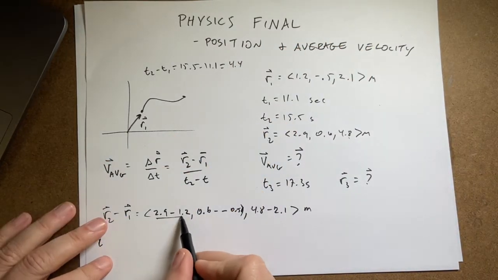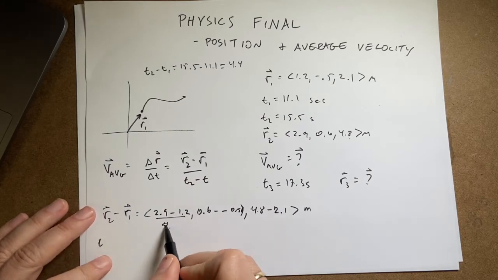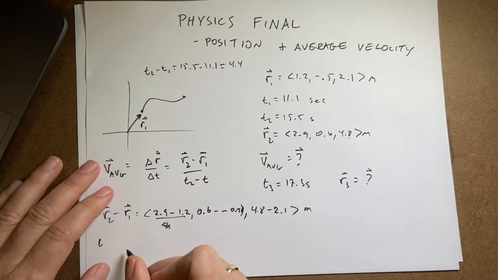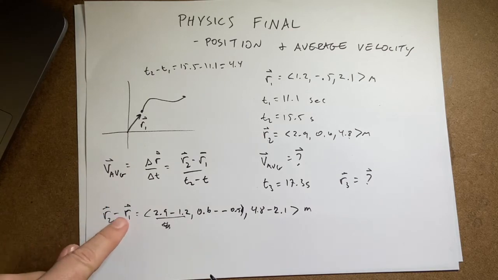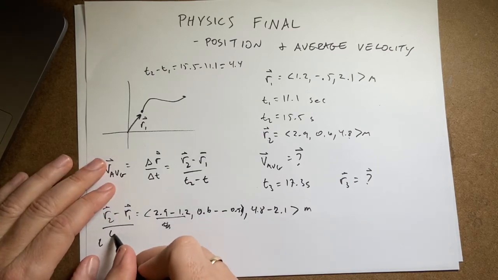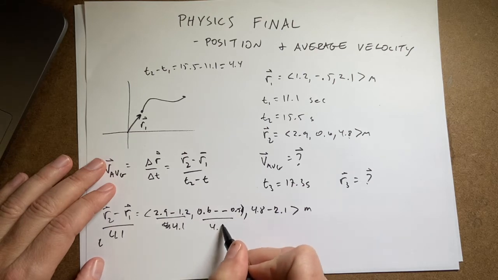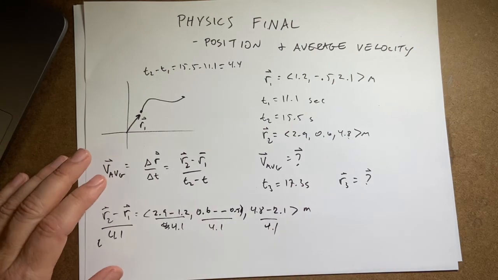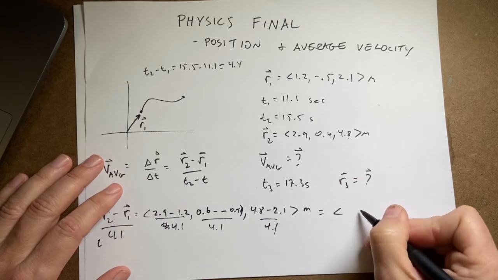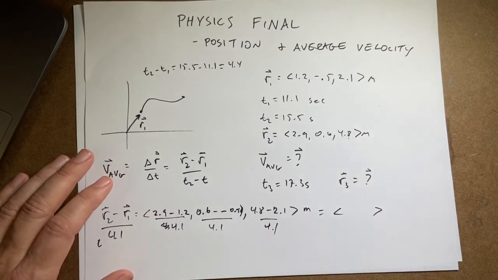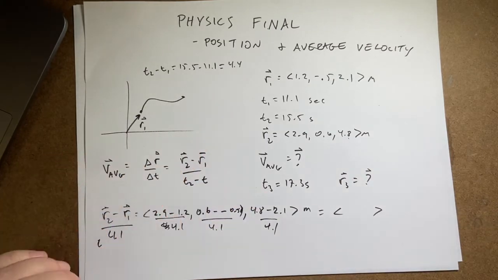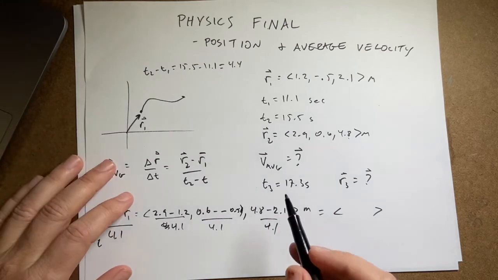So I'll just have to divide each of these terms by 4.4 to get the average velocity as a vector, which I'm going to do on the computer. Now let's go to the second part, and then we'll do all the computation at once.